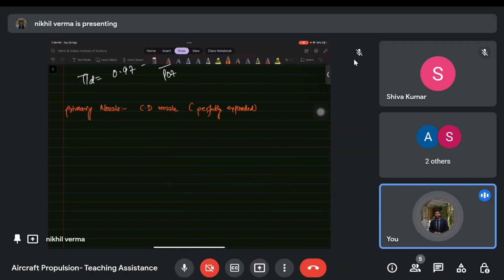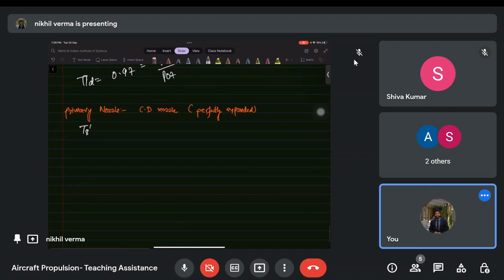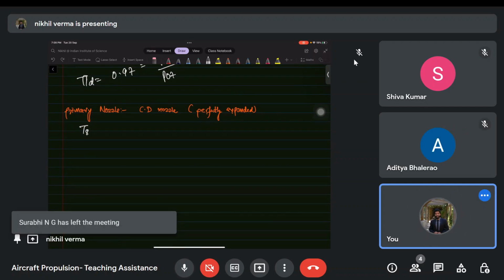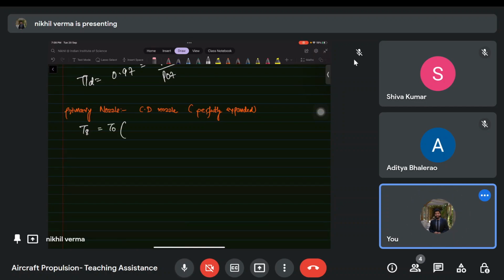Okay, so let us calculate what is your T8. T8 is T naught P8 by P naught 6 to the power gamma minus 1 by gamma, right.